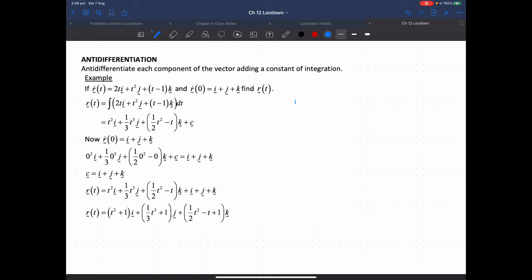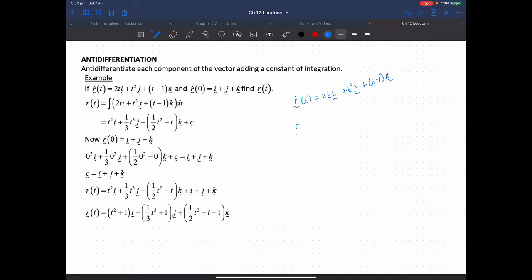We have r dot vector as a function of t equals 2t in the unit vector i direction plus t squared in the unit vector j direction plus t minus 1 in the unit vector k direction. So what I want to do is anti-differentiate this. When I anti-differentiate r dot, I'm going to go back to r.